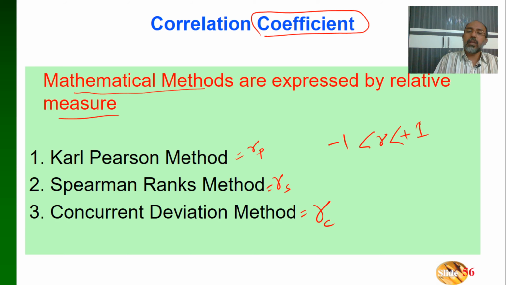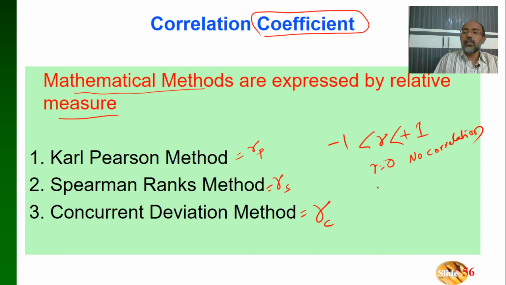R means correlation. The coefficient is a single numerical expression having a value between -1 and +1. If R is equal to 0, you have to interpret that there is no correlation.